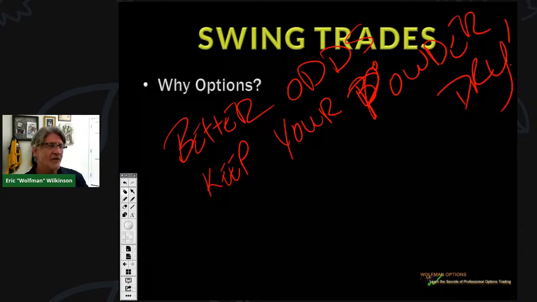What does that mean? Keep your powder dry. You're not sweating it out. You're not angst all the time. If you know your odds, you know the probabilities, then you are going to be able to stay in these trades longer. I say that it will help you keep mechanical. If you know what the levers and pulleys are doing, then it will help you stay mechanical.